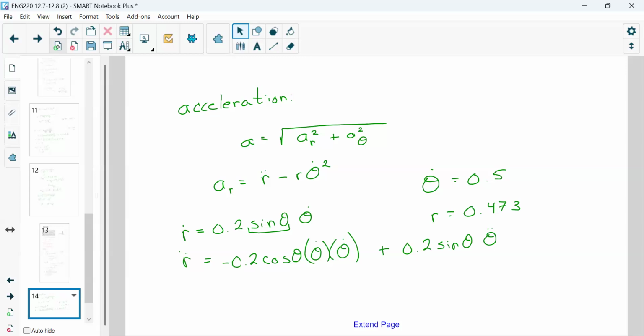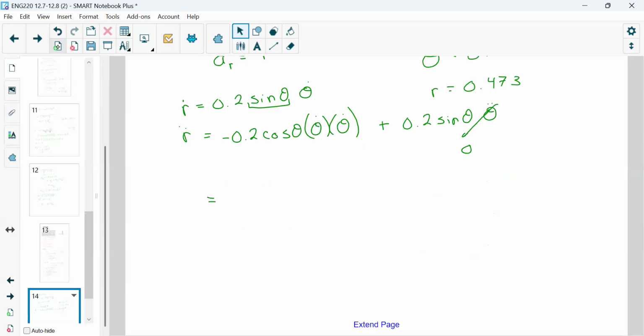Theta double dot is going to be 0, so this term is nicely going to go to 0 for us. So we're going to have negative 0.2 cosine of 30 degrees. And we're given theta dot, so that's going to be 0.5 times 0.5.